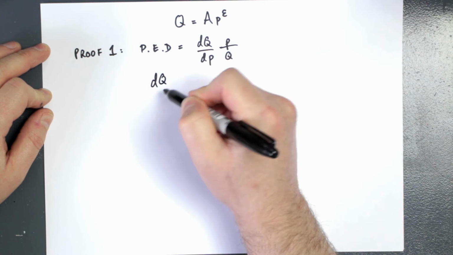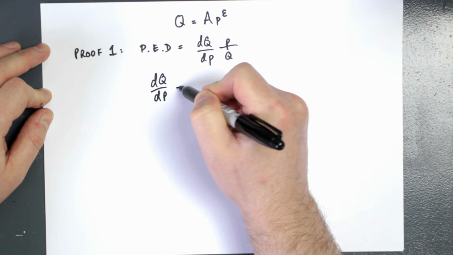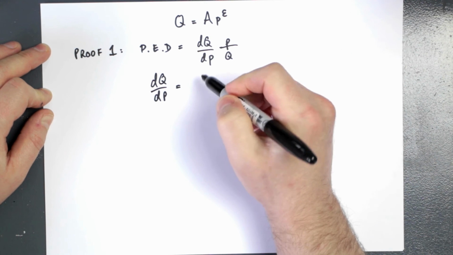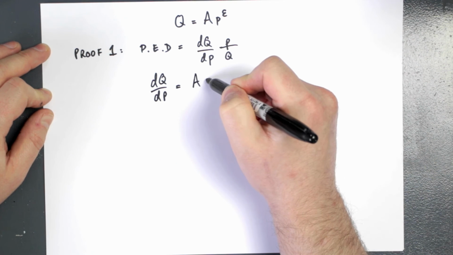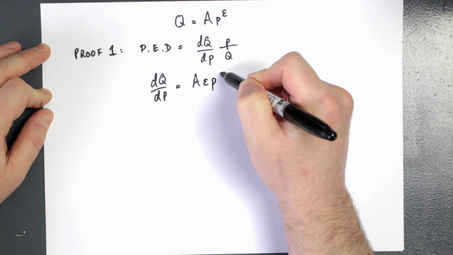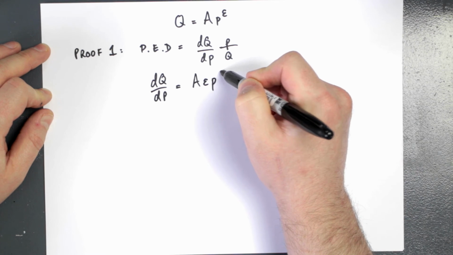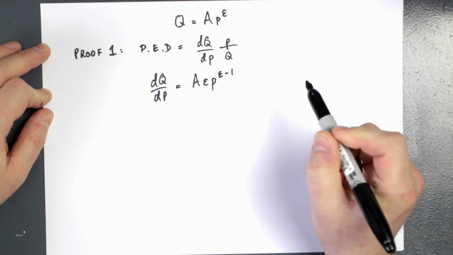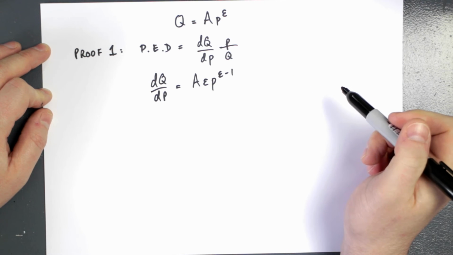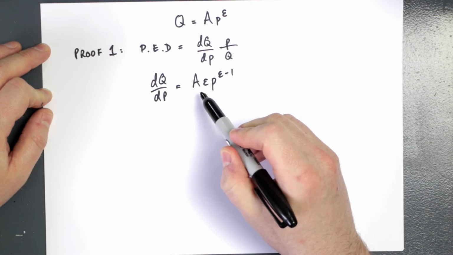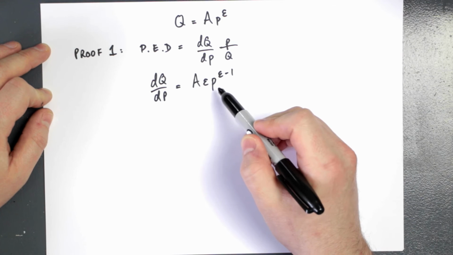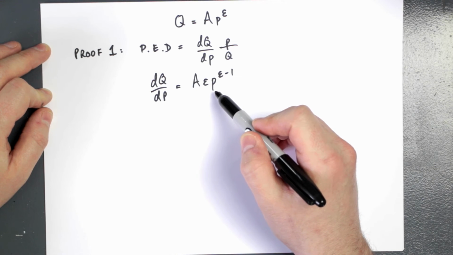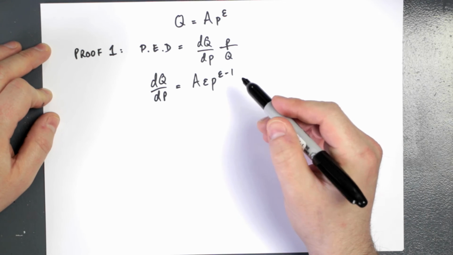The first derivative of Q with respect to P is equal to, so applying the standard rules for differentiation, the power epsilon comes down, and then I deduct 1 from the power on P. So the first derivative is capital A multiplied by epsilon multiplied by price P to the power epsilon minus 1.